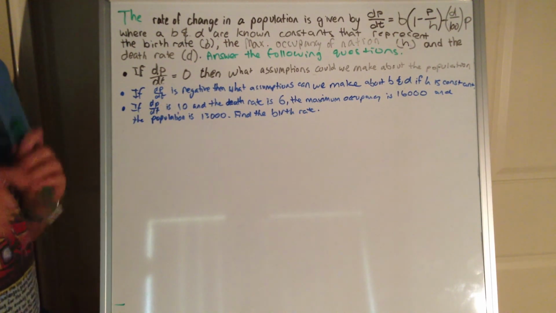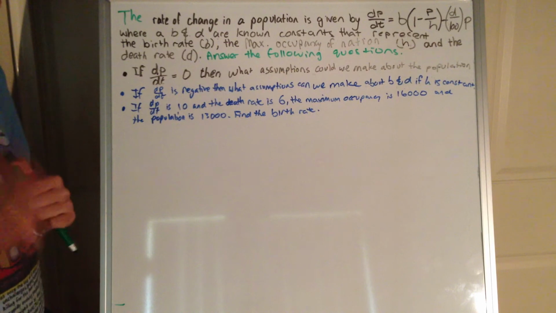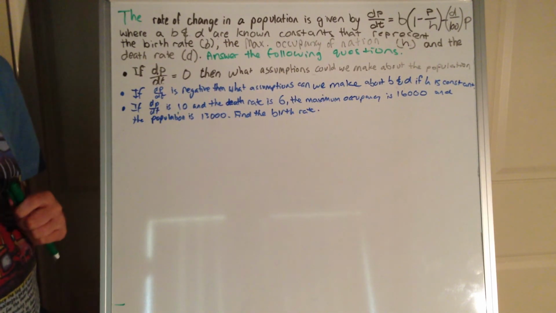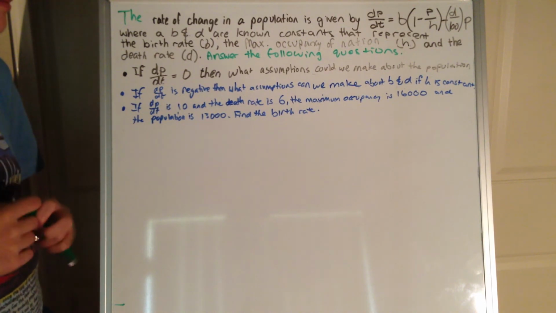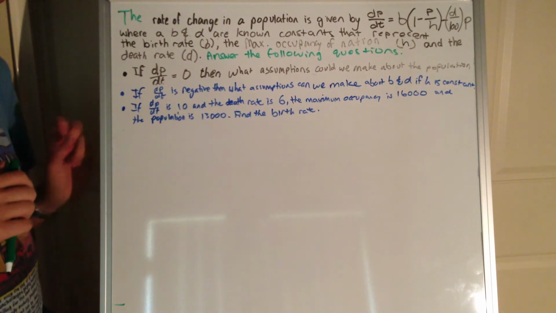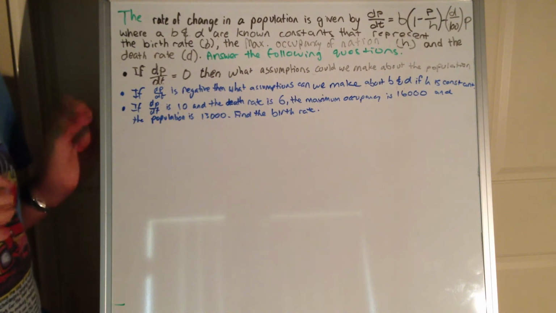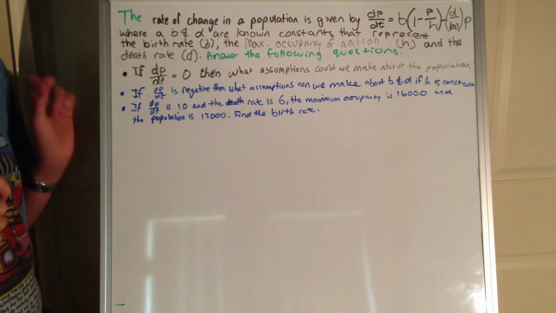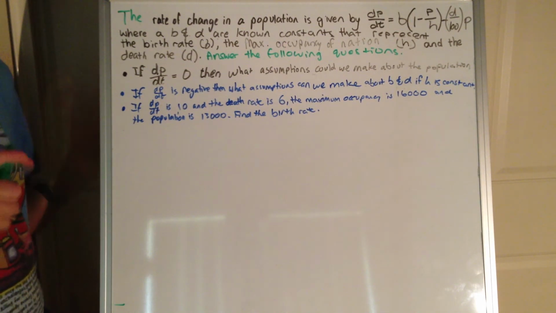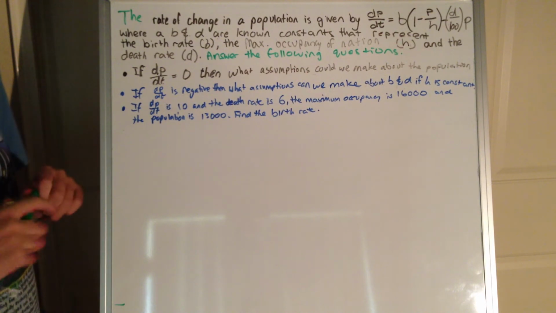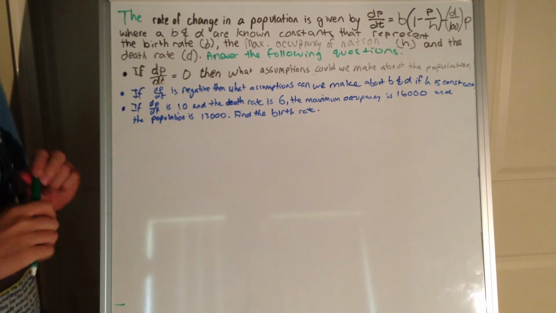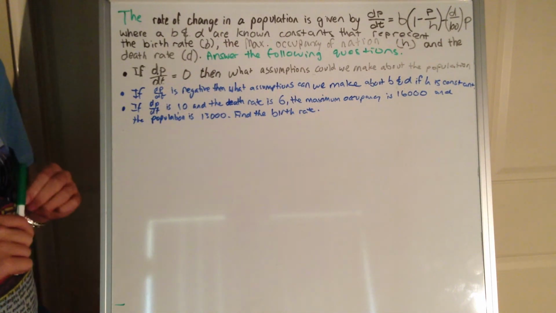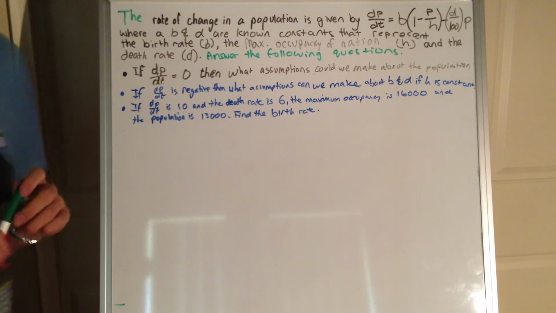And this dp over dt equals b lots of 1 take p over h take d over 100 p, where a, b, and d are known constants that represent the birth rate, b, the maximum occupancy of a nation, h, and the death rate, d, and the population is p.